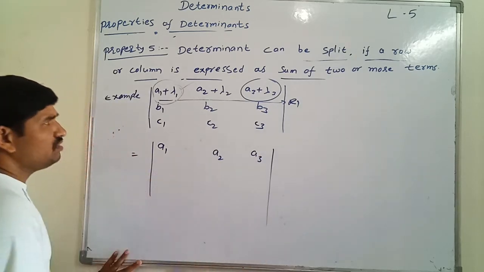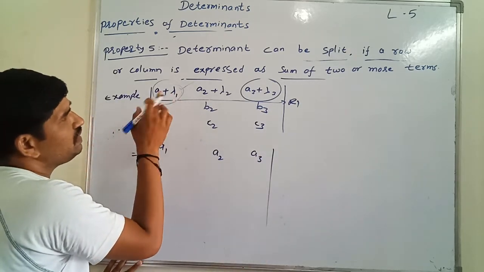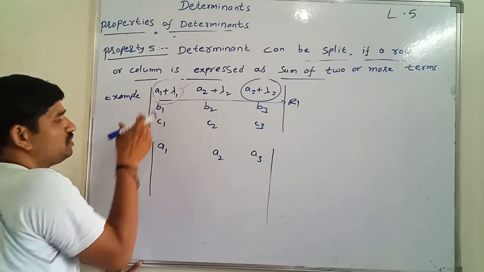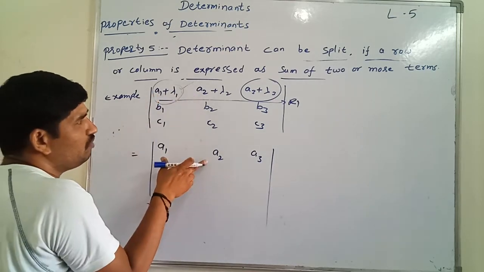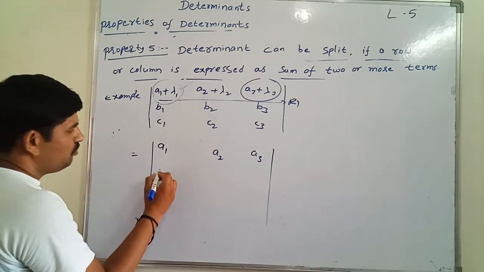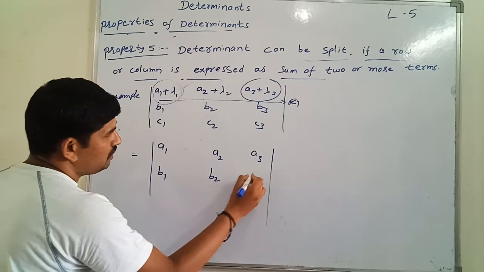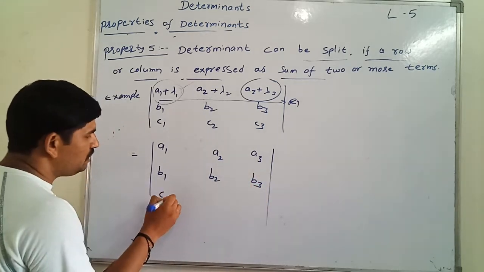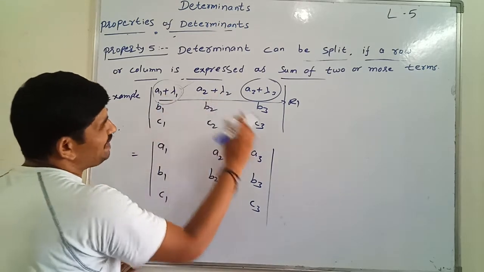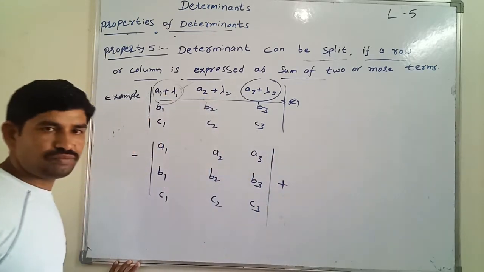In the first determinant, we take the first term of each and every element from R1. The second and third rows are as usual, with no changes. In between we write plus.